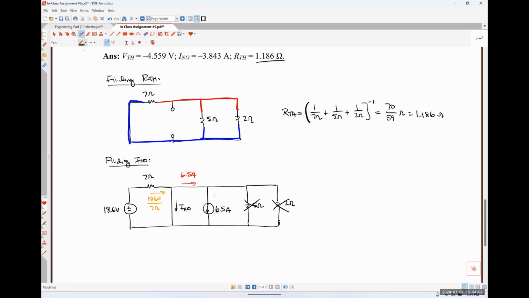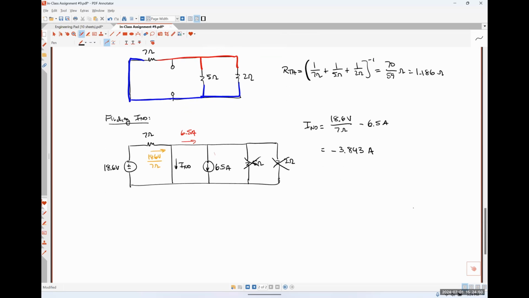So to me, it looks like I Norton is just going to be 18.6 volts over 7 ohms minus 6.5 amps, which I get to be negative 3.8428, so 843 amperes, and I'll be damned if that doesn't match what my expected answer was.